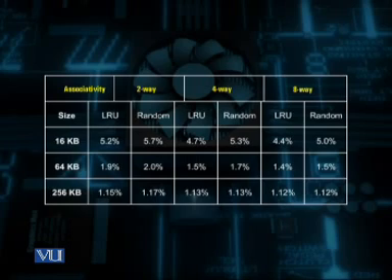For the largest size cache, that is for 256K byte, for any associativity. For example, for 256K byte cache for a two-way set associativity, the data shows that the least recently used and random replacement policy have almost similar performance, that is 1.15% and 1.17%.